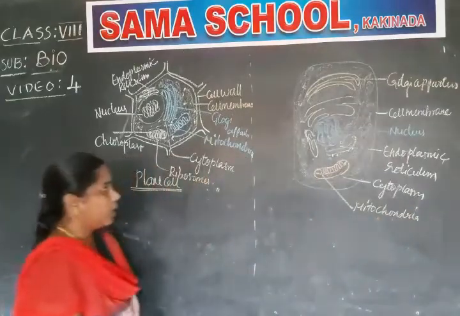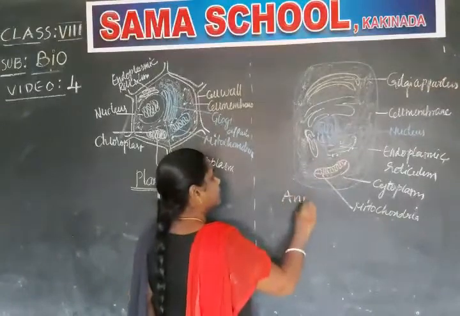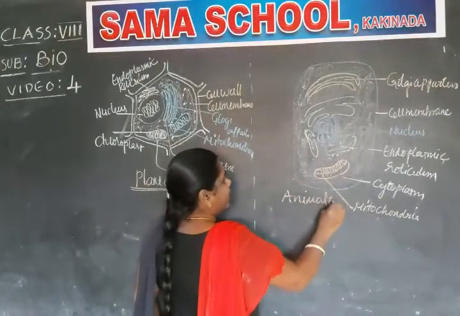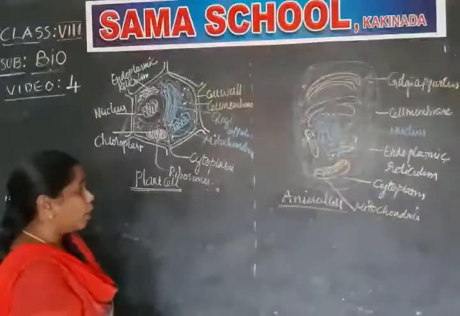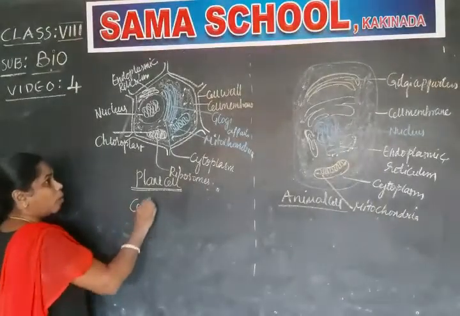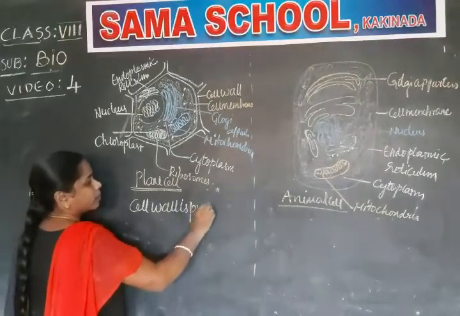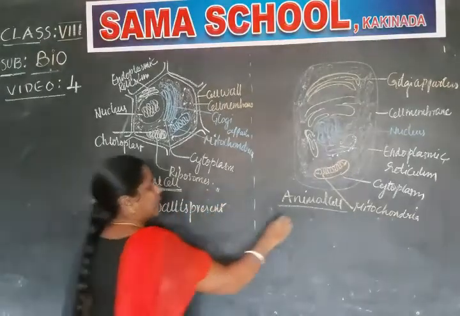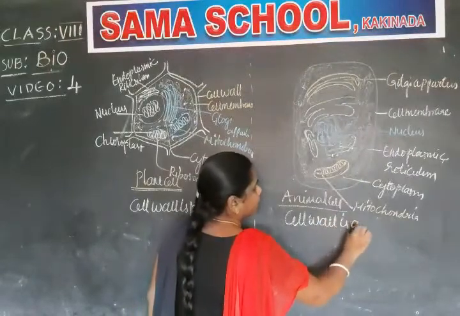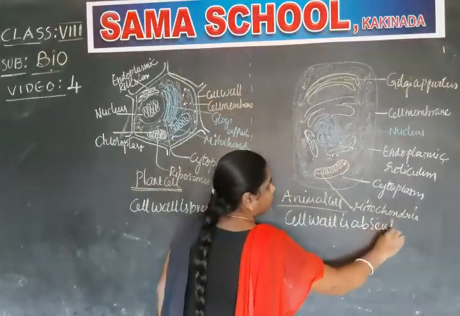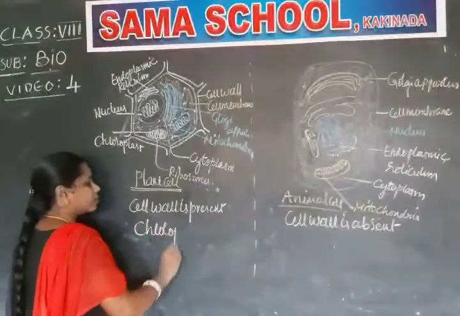So here the major difference, this is the animal cell. Tell me that majorly what differences you will find. Here you are finding that the cell wall is present. Here cell wall is absent. Understand? Here chloroplast is present.